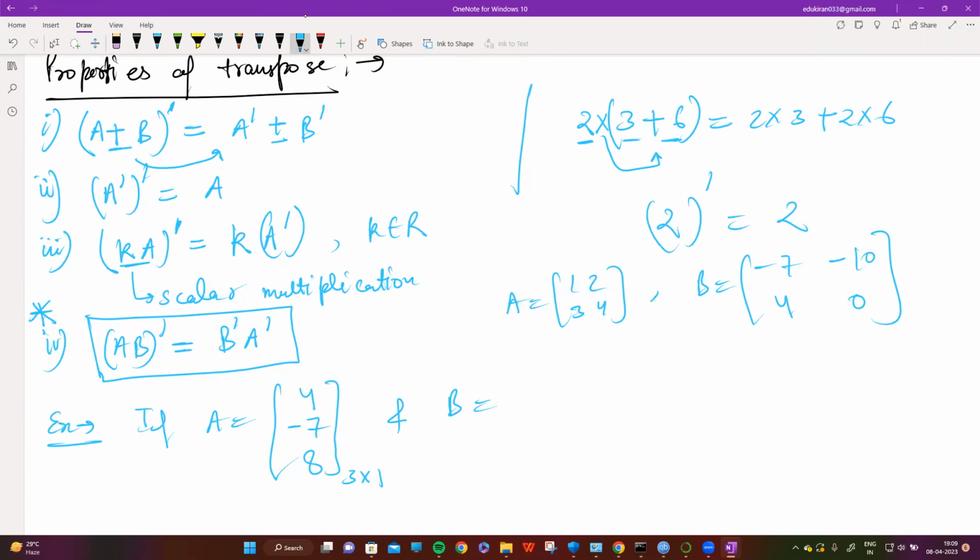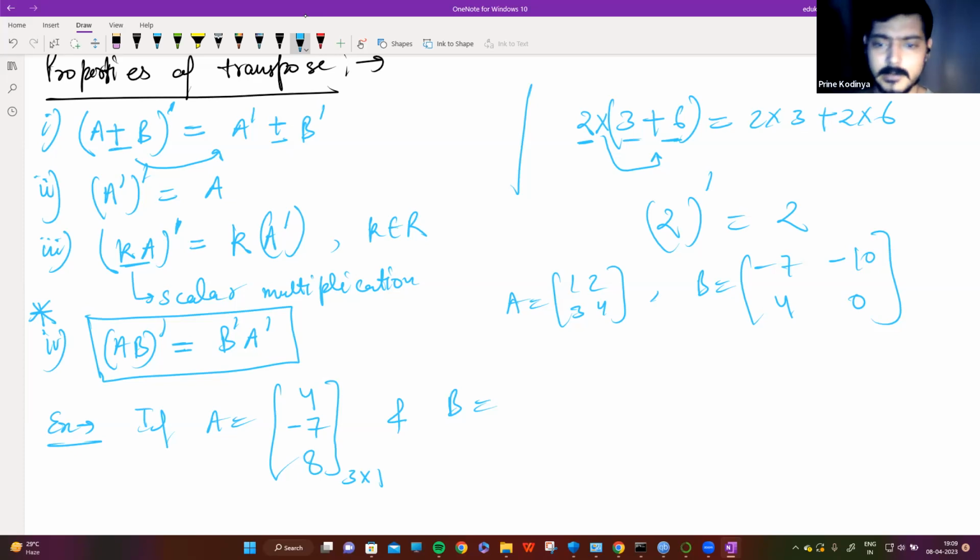Sir, I'm so sorry. I thought it was the above example you did. It's okay. Now tell me, what should be the order of B if you want to multiply A and B? The order of B should be 1 cross something.